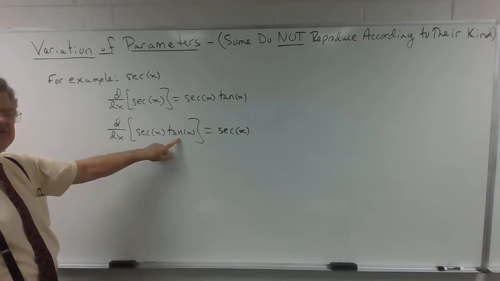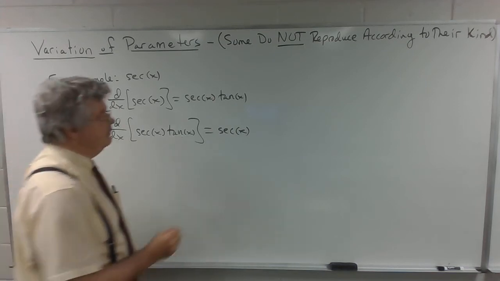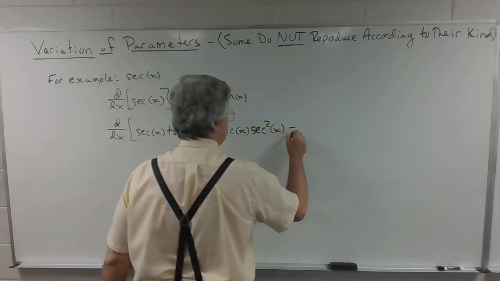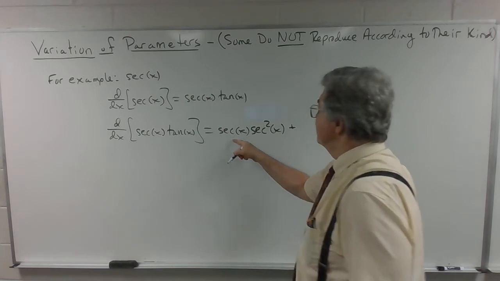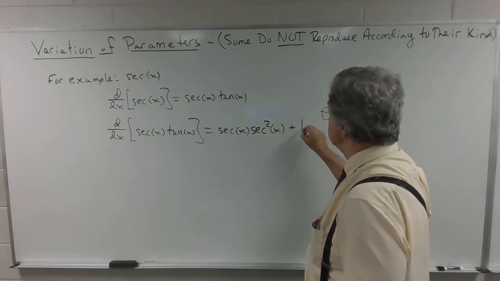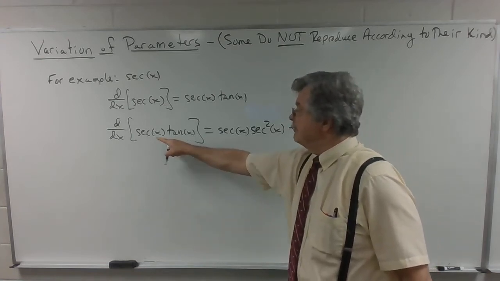What's the derivative of tangent? We need another quiz. Oh well. The derivative of tangent x is secant squared x. So first times derivative of the second plus second, tangent, times derivative of the first.